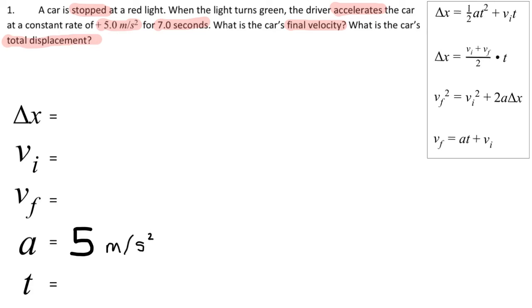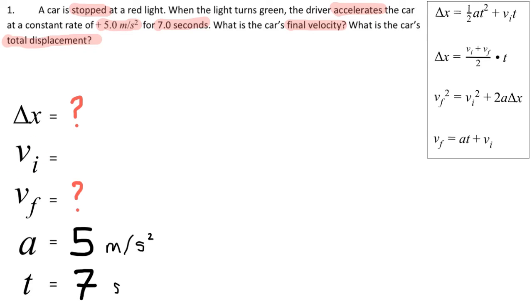Next, 7 seconds. I know that seconds is time, so I'm going to write a 7 here. All right, and then the questions are asking, what is the car's final velocity? That's here, question mark. And what is the car's total displacement? Right here, question mark.